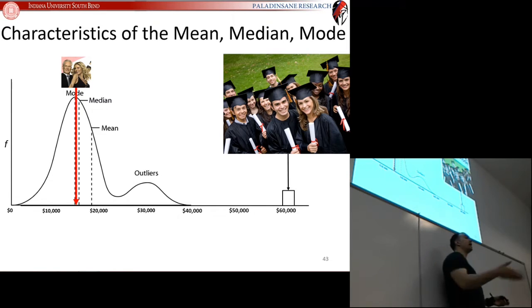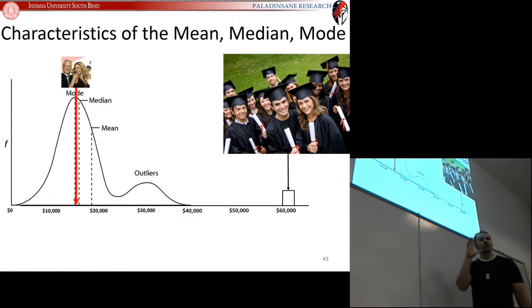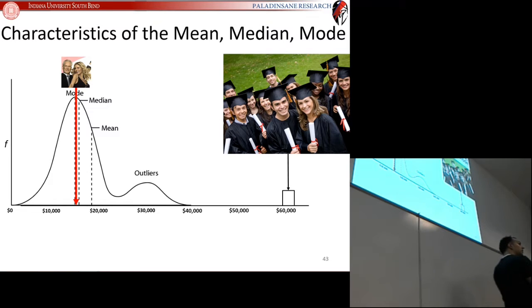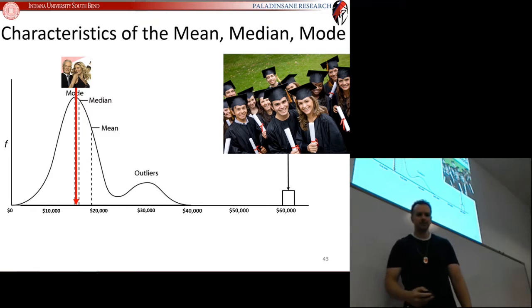You would want to make that frequency distribution graph, look at your data, and if you saw outliers, you would want to really think about maybe not using the mean, but actually using the median or the mode instead as your measure of central tendency.